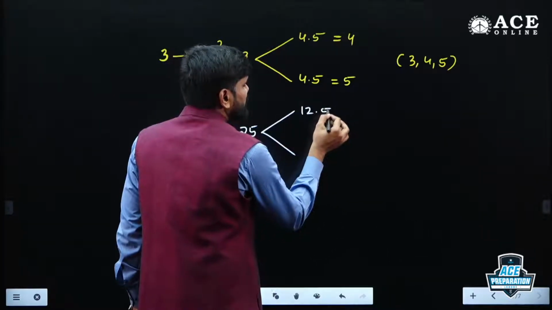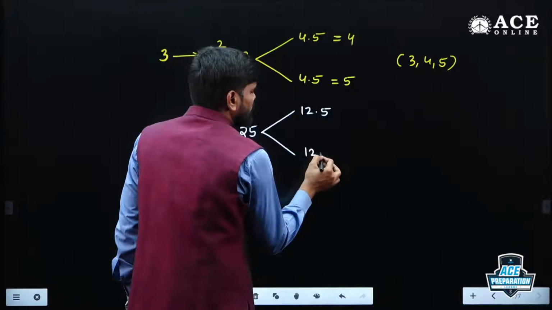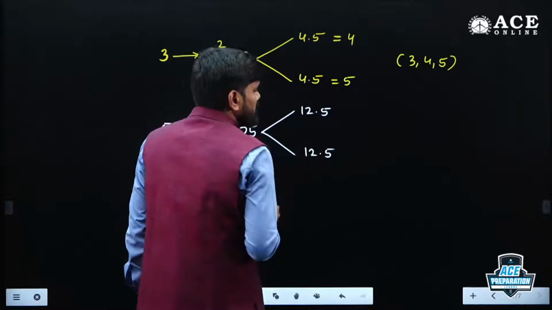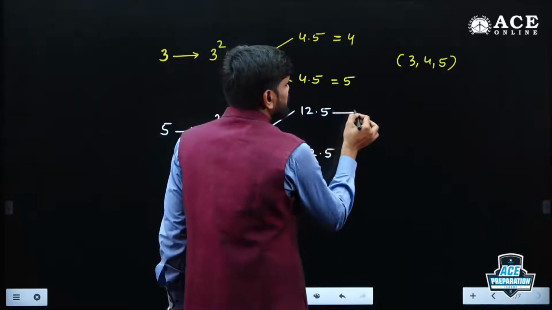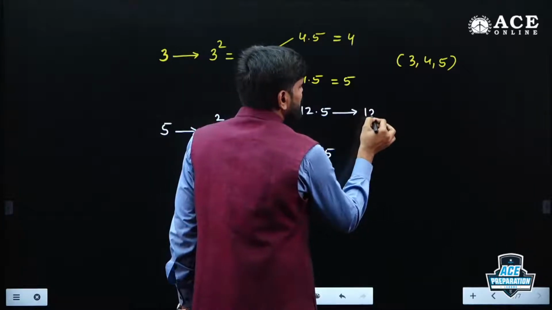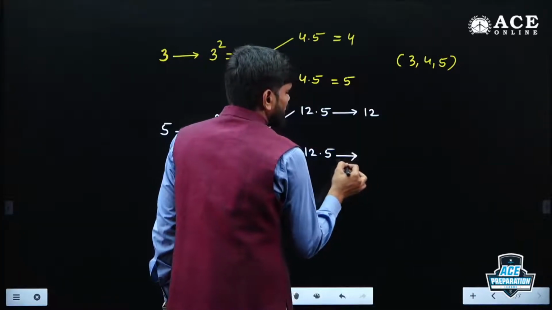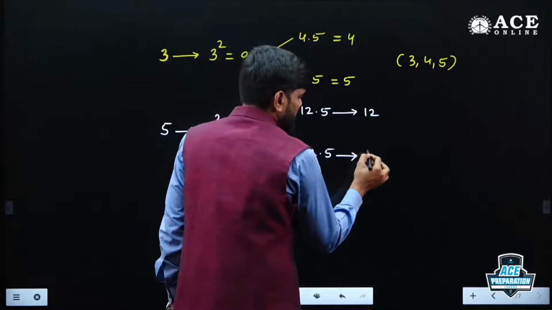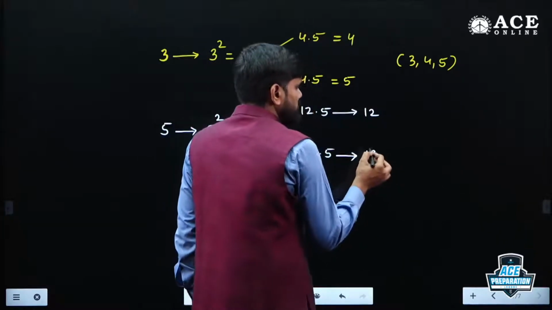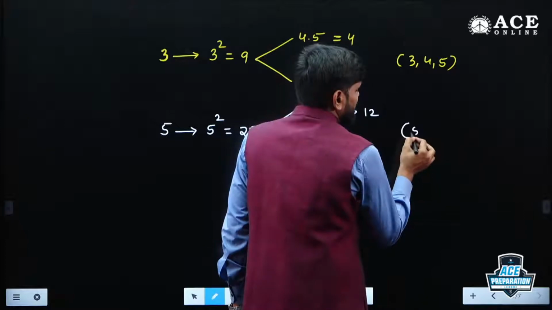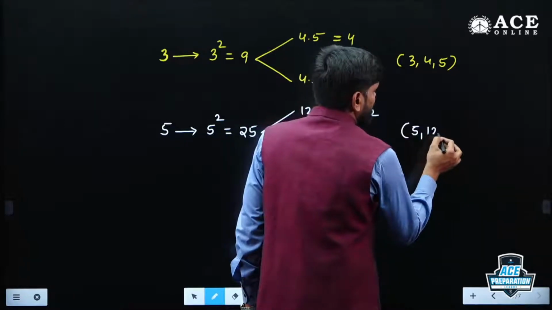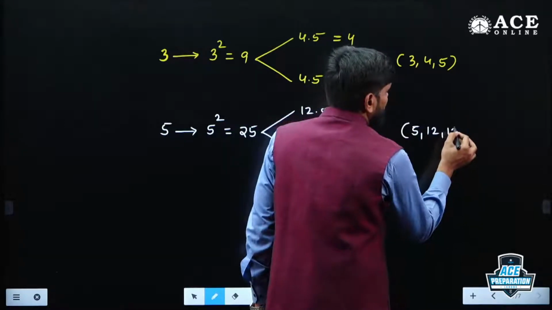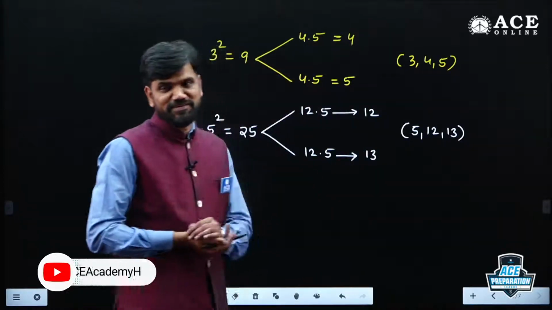So 12.5 and 12.5. You just remove 0.5 from this and add 0.5 over here. So this is 12, this will become what? 13. So the next Pythagorean triplet will be 5, 12, 13.